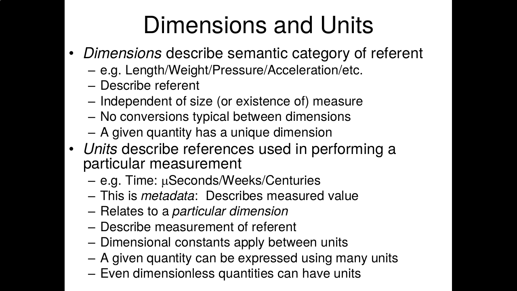But that 1, if it's not documented, might in some cases represent instead time. If we don't have that metadata, we're not sure what that number means, what it refers to, what it indicates in the world. And both dimensions and units are types of metadata about quantities. Units are more specific metadata. They have to do with how it is measured, or against what yardstick it was measured.